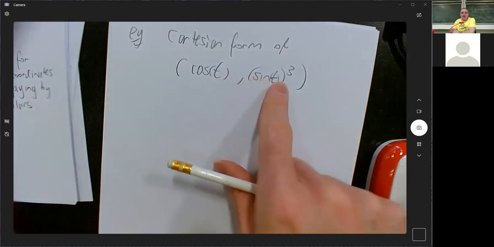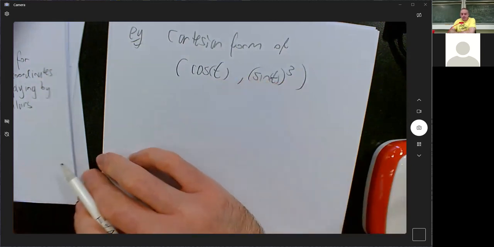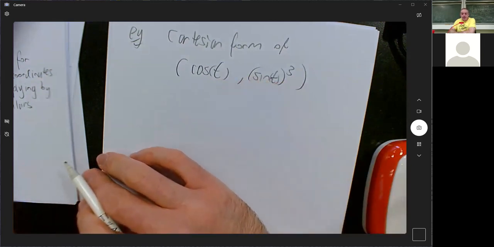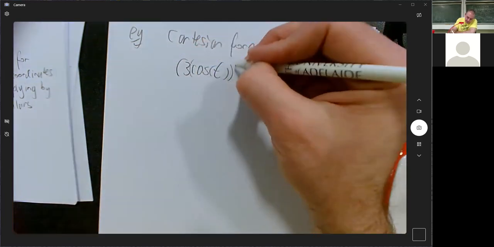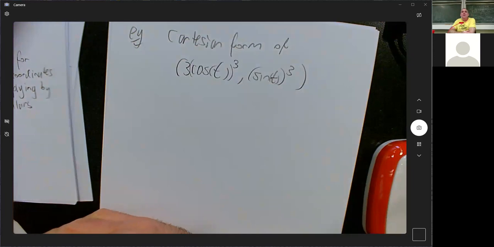That's cos t and sin t cubed. This is going to suck, actually, isn't it? All right, let's do that. I know for sure that cos squared plus sin squared is 1, and that is a very nice way of getting rid of the t's.